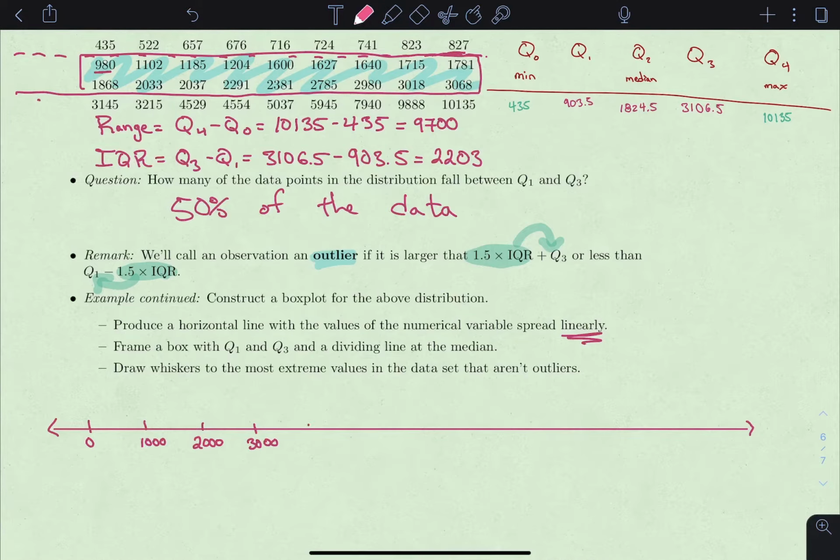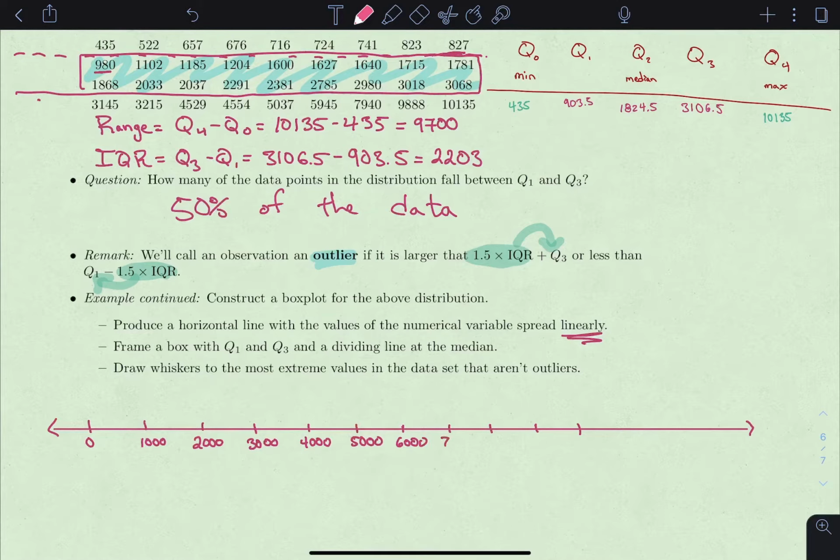That's distinct from, say, a logarithmic scale, where distance does not translate directly to numbers. 6, 7, 8, 9, 10. Okay, so we got a little bit extra line over there.